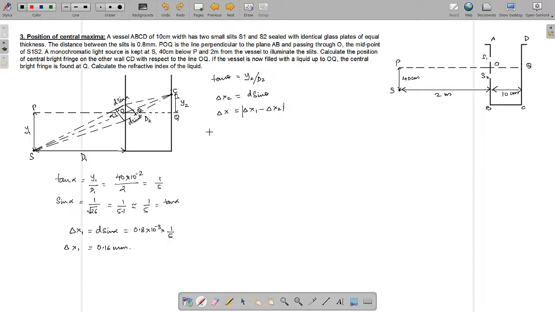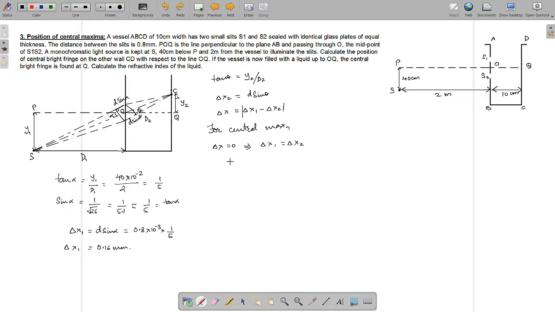Now for central maxima, delta x should be equal to 0. This implies that delta x1 is equal to delta x2.